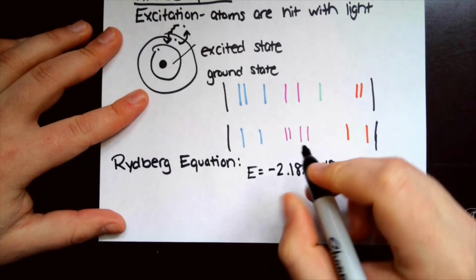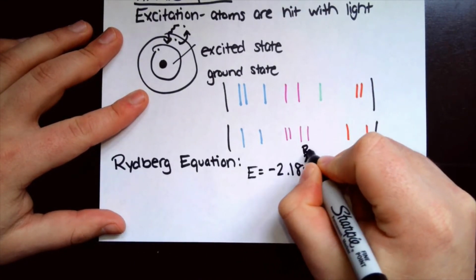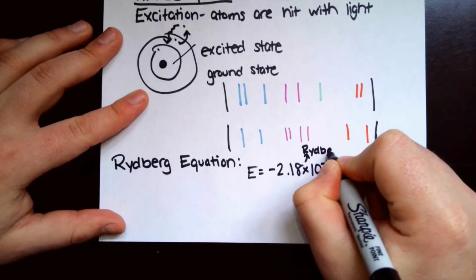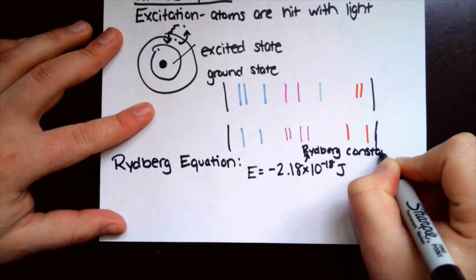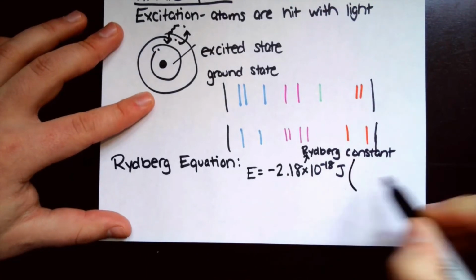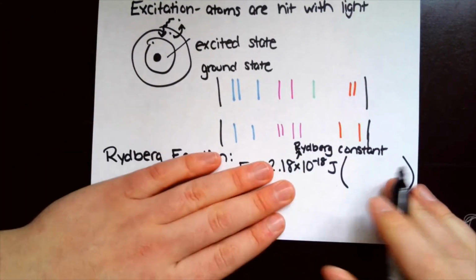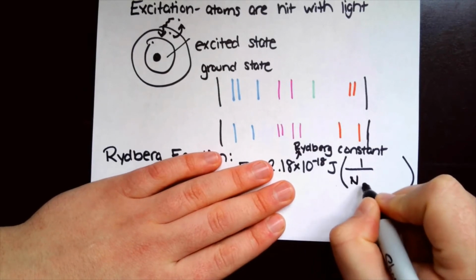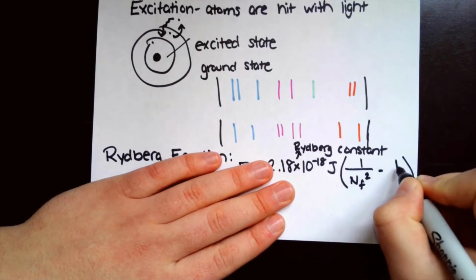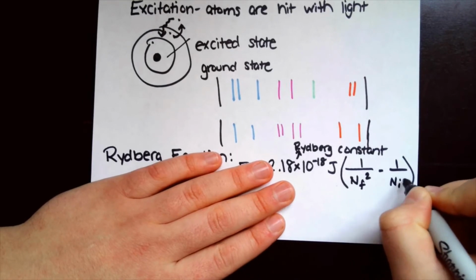So again, this is the Rydberg constant. And you multiply that by 1 over nf squared minus 1 over ni squared.